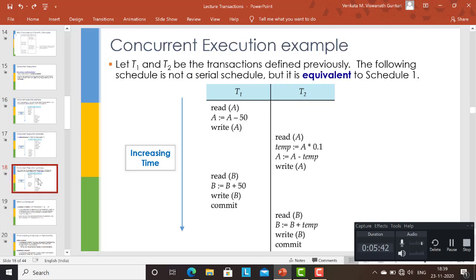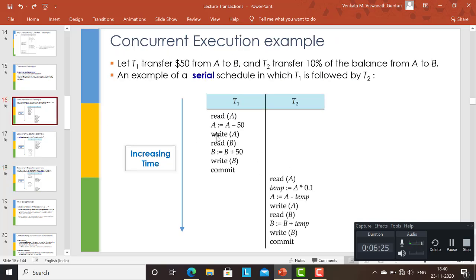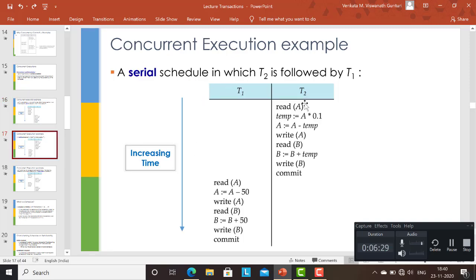The summary statement is that the concurrency control manager strives to get an interleaving, or if I'm being very careful, because the interleaving is actually not in the hands of the manager, rather the concurrency control manager prevents certain kinds of interleavings, and whatever interleavings are not prevented by your concurrency control manager will result in a final result which is equivalent to either T1 executing first or T2 executing first.